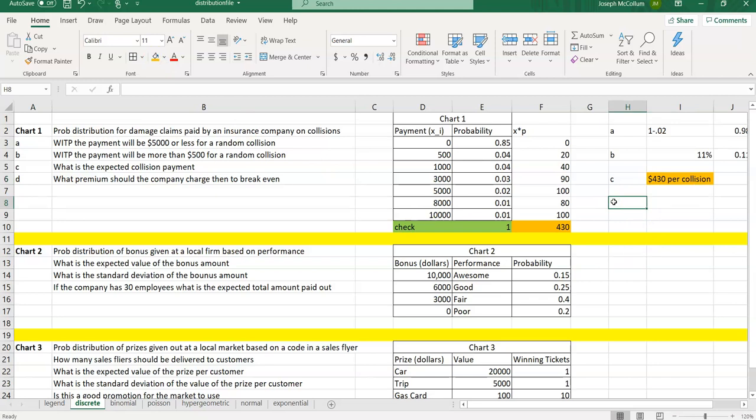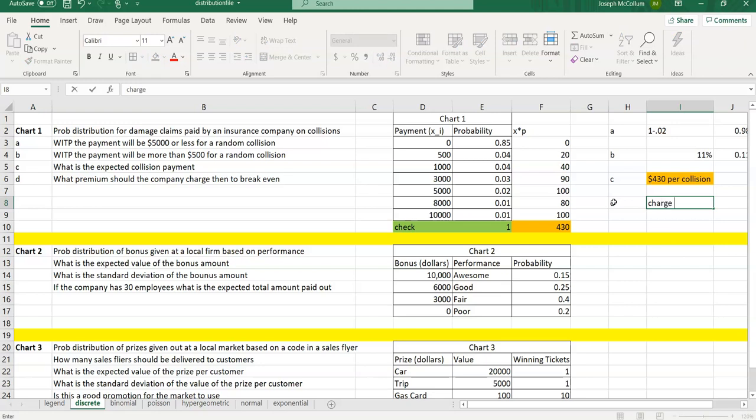Now, why do we care about that? Well, let's put it in a practical sense. Let's look at part D. What premium should we charge per person then to break even? The answer is part C. If we charge $430 per customer, then in the end, we should break even at that charge.